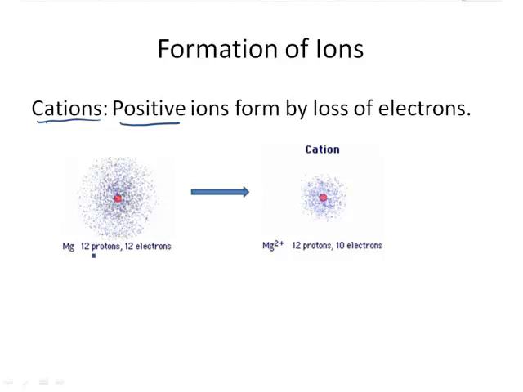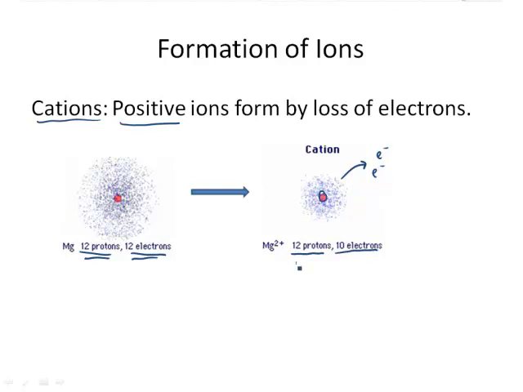So magnesium atoms have 12 protons and 12 electrons. The 12 protons because it's element number 12. And so in a neutral atom, it has an equal number of electrons. But when it forms a cation, it loses 2 electrons. And when it loses those 2 electrons, it has 12 protons still. The nucleus remains intact, but now you're short 2 electrons.